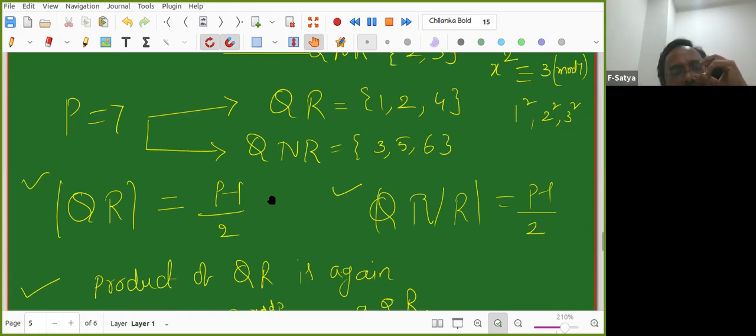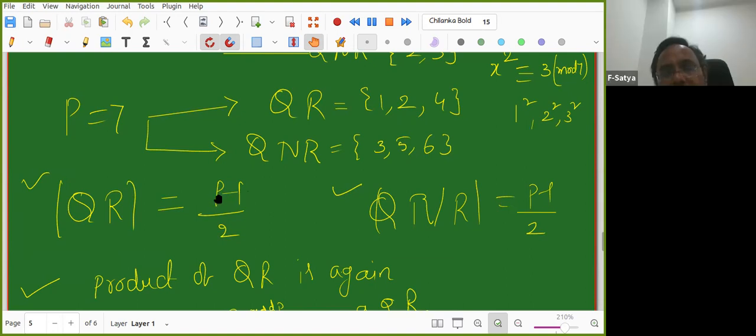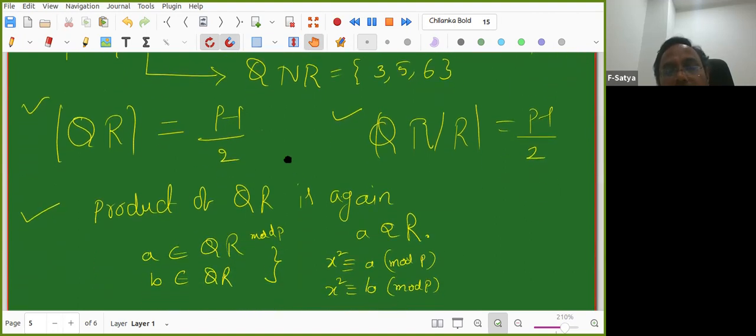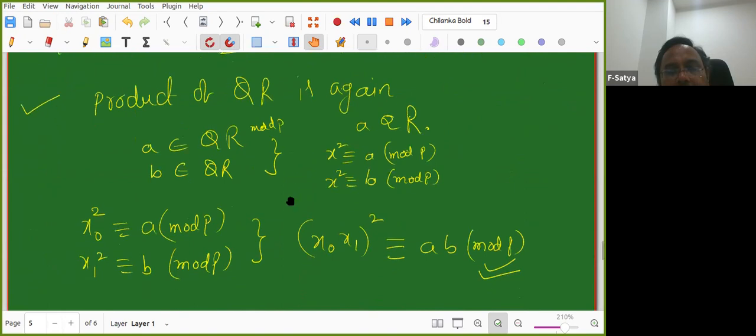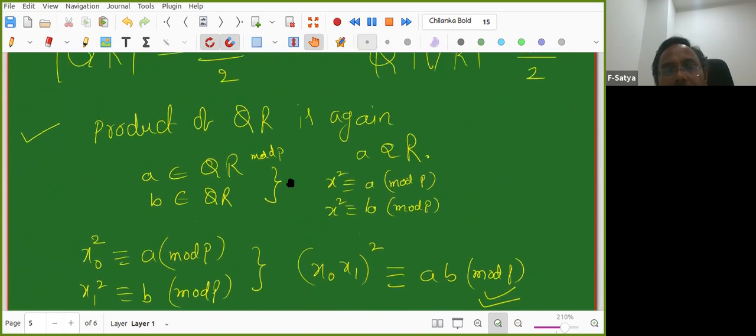Very good. That one is trivial, but very useful as you go forward. If p is of the form 4k plus 3, then it is 2k plus 1, so they are odd. It is not a very big observation, but a very good one.